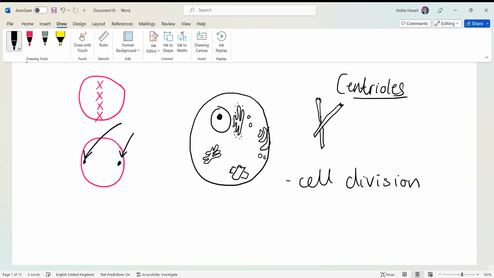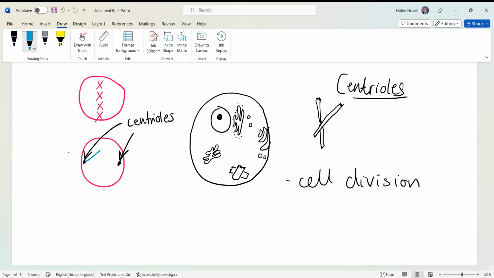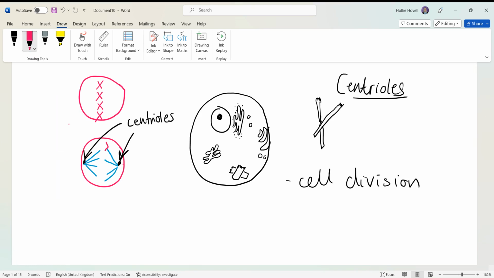And those centrioles send out something called spindle fibers. The spindle fibers reach out to those chromosomes on the equator, like spiders' webs, and they get hold of these chromosomes. You can see that each chromosome has been split in half, one chromatid going to each pole.